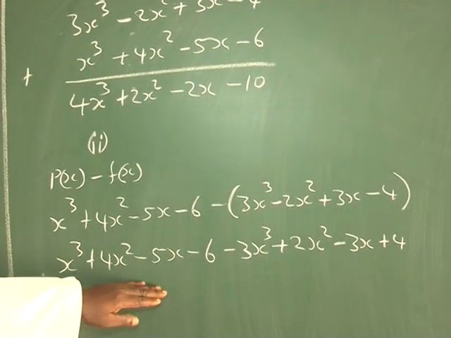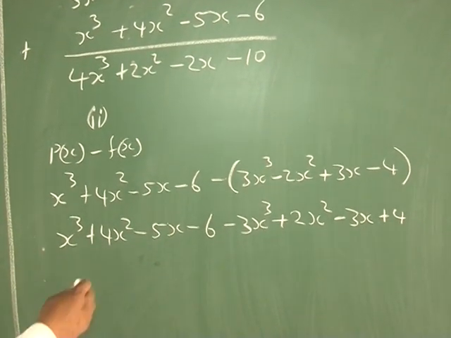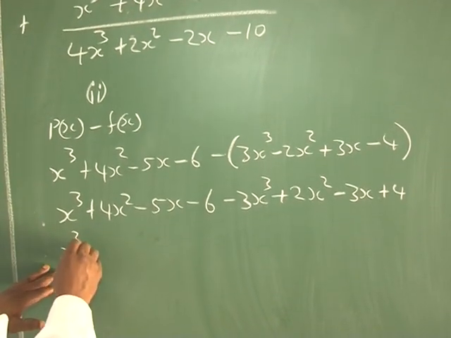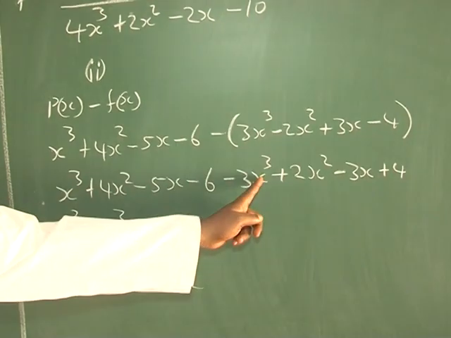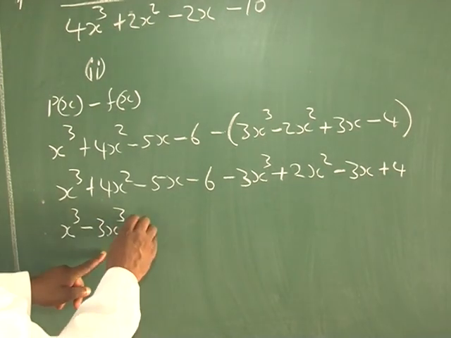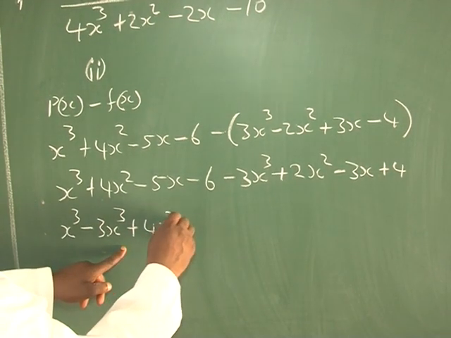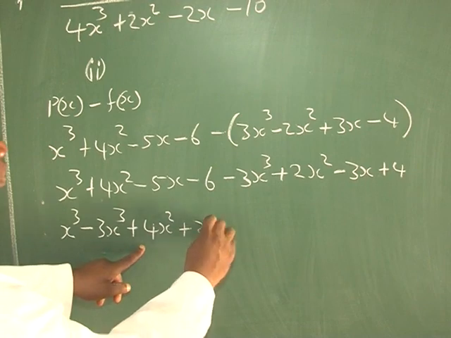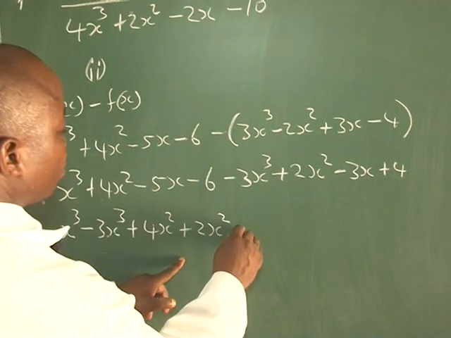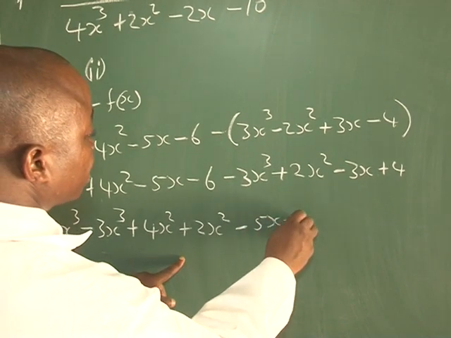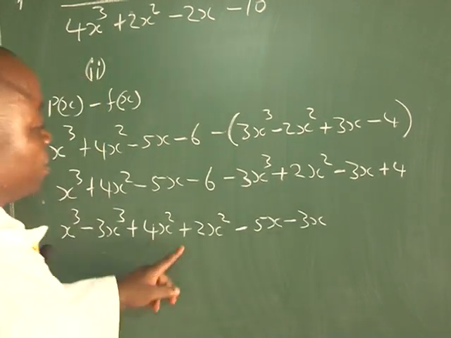Alright, we can now collect like terms where we have x cubed minus 3x cubed. You know this is x cubed, this is x cubed. So you go for x squared to have 4x squared plus 2x squared. Then we go for x terms to have minus 5x minus 3x.